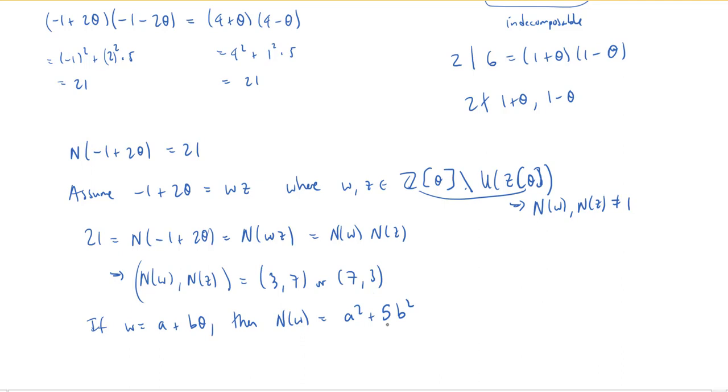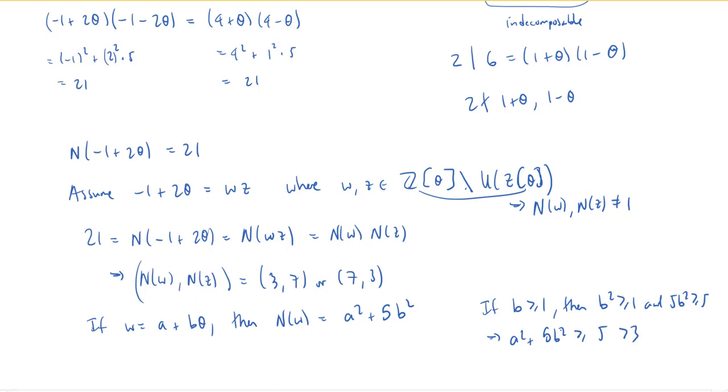Well, first, this 5 is really going to mess things up, right? So if B is at least 1, then B squared is at least 1, and then 5B squared is at least 5, which would imply that A squared plus 5B squared is at least 5, which is strictly greater than 3. So if we want this to equal 3, then we're going to need B to be equal to 0.